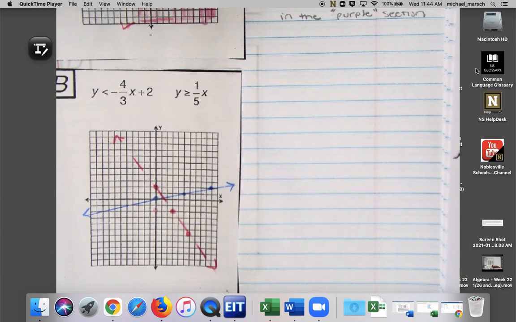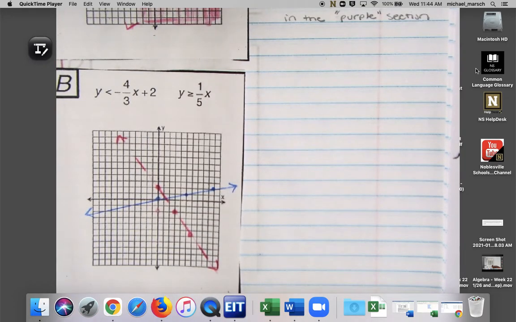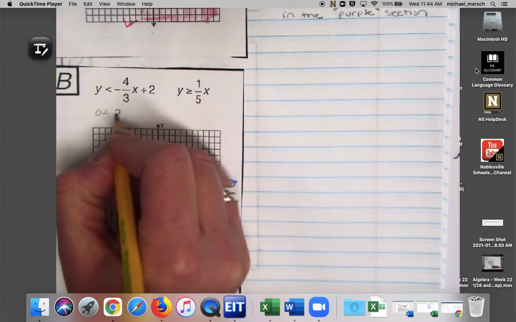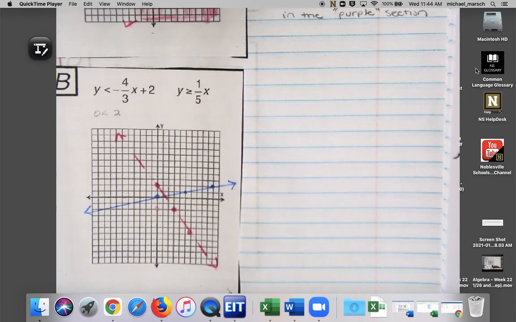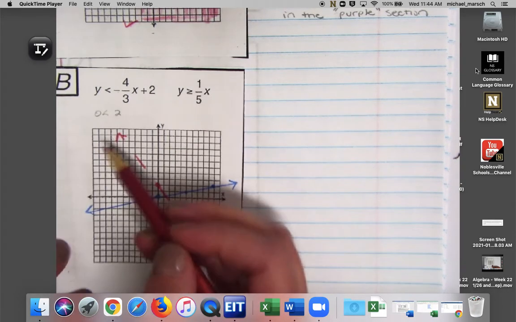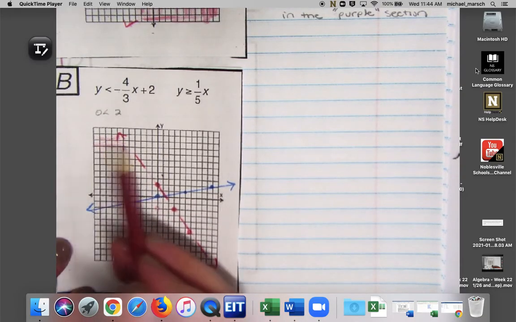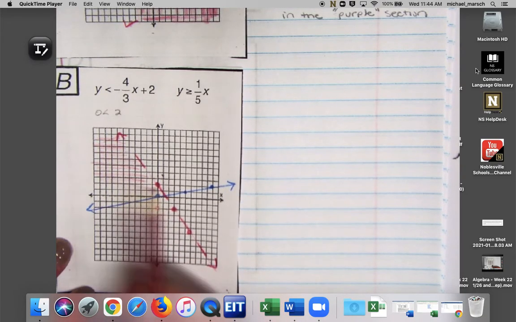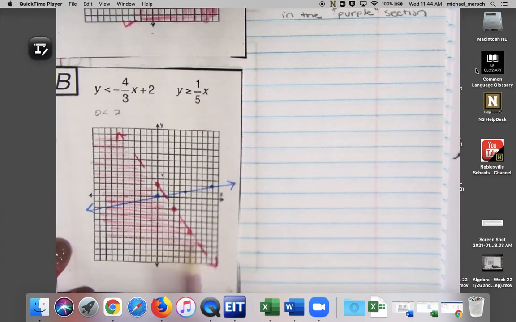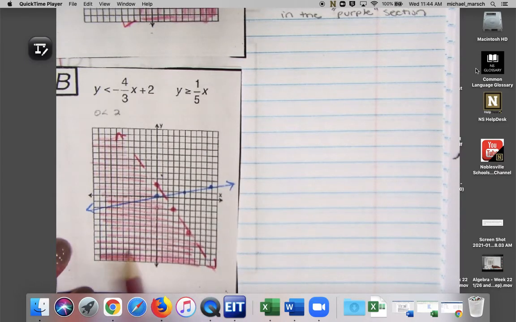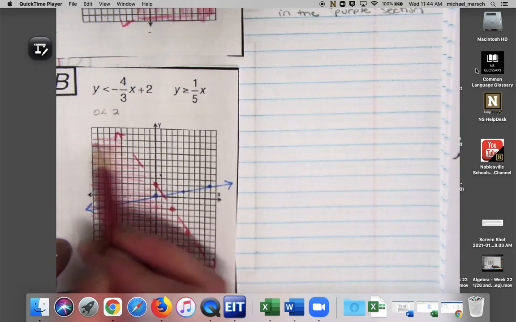Okay. All right. So is 0 less than 2? It sure is. So I'm going to shade this way because then I know that 0, 0 works for my red. Why do you shade it that way?